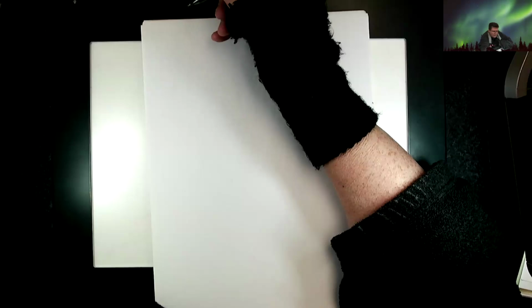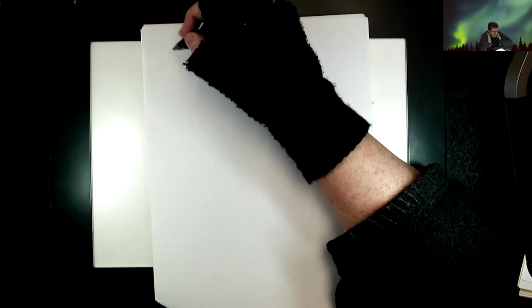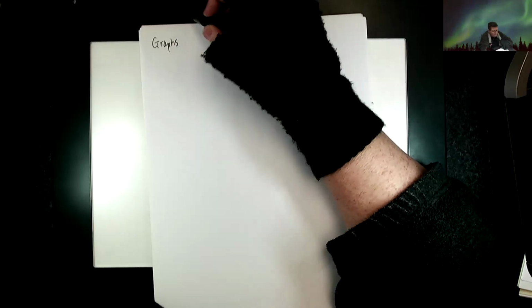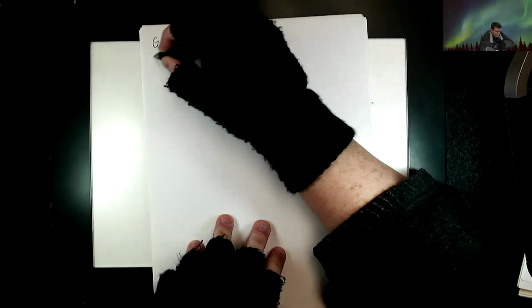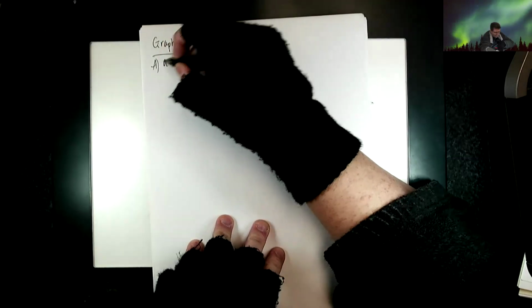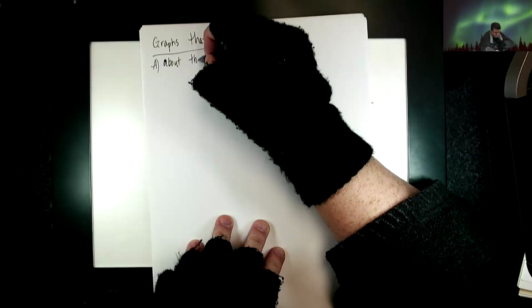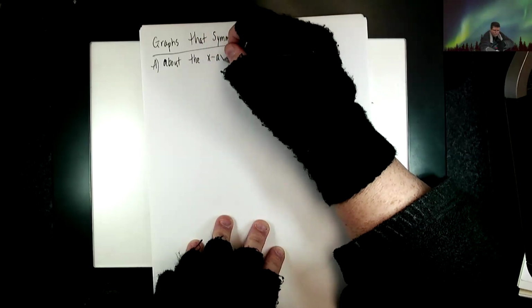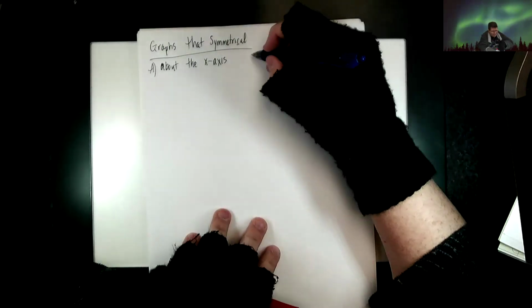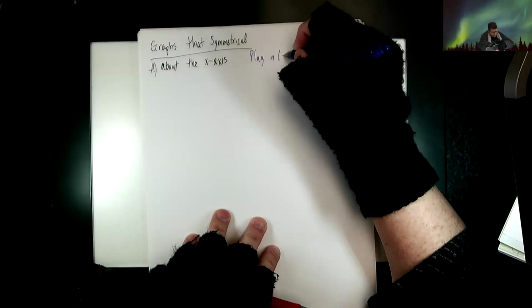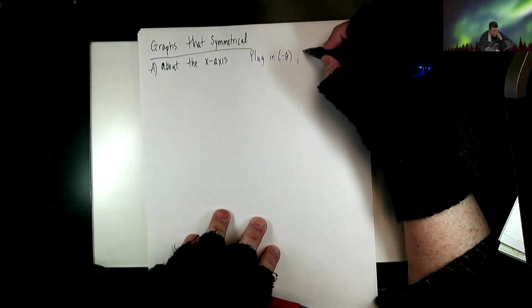And sometimes in some areas in Calc 3, it might screw you up on the R. For graphs that are symmetrical about the x-axis, I'm going to say A: if I plug in negative theta, I get the same equation as with theta.